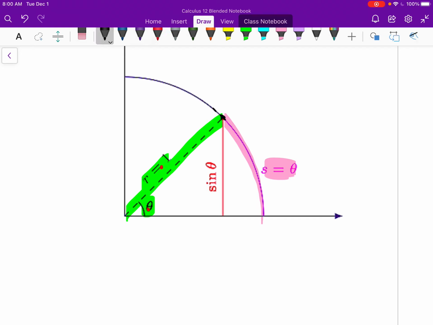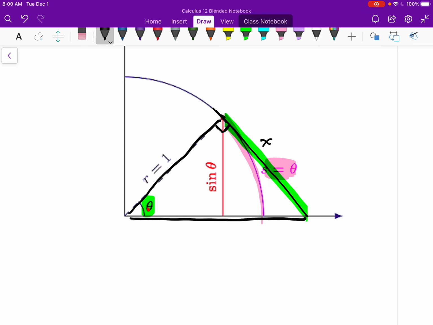A line tangent at this point going like this. So tangent means it's crossing the circle at 90 degrees, or it's meeting the circle at 90 degrees. The length of that line right there must be the tangent of theta. So how do I know that must be the tangent of theta? Well, let me just call it x for a moment. And notice if I look at this, I have a big right triangle if I want, where the hypotenuse is on the bottom.